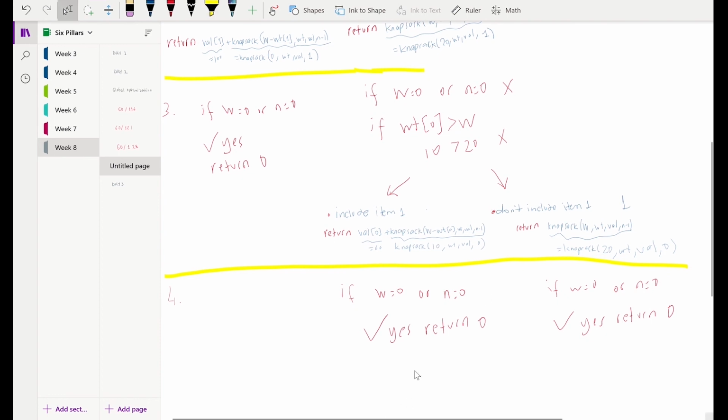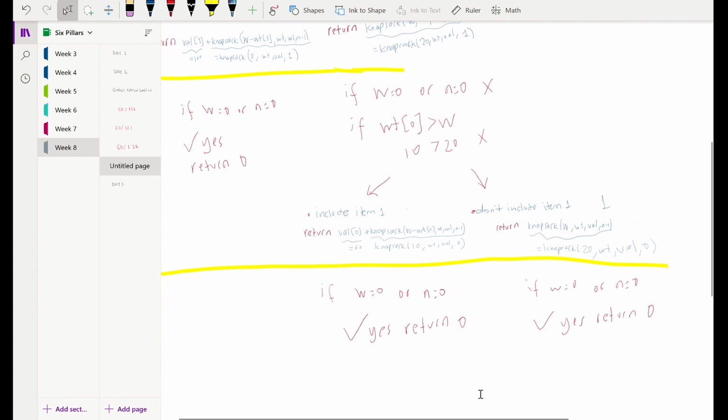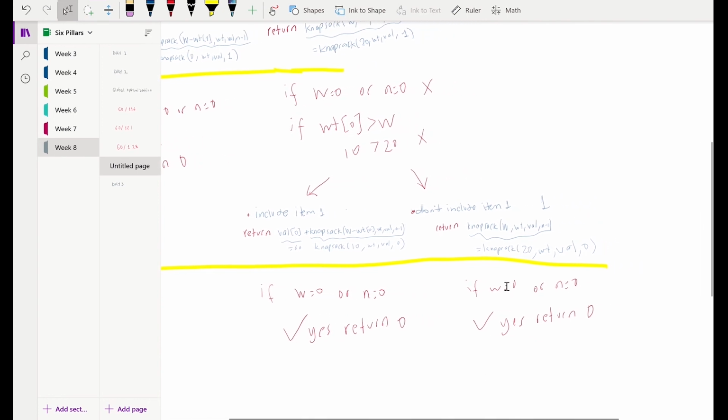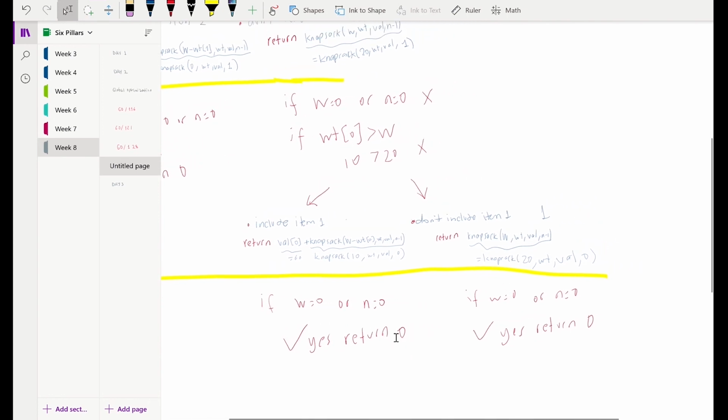So the original return is the maximum of including or not including. So let's go back to that. This function returns 0. This function is now equal to 0. And the total here is 60.